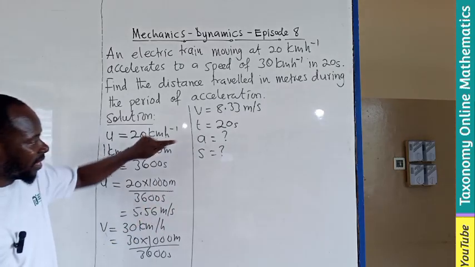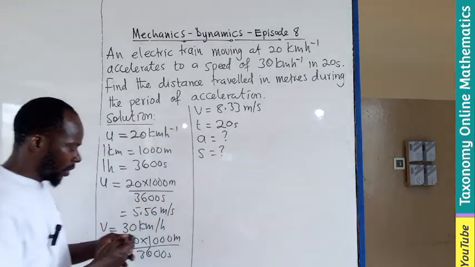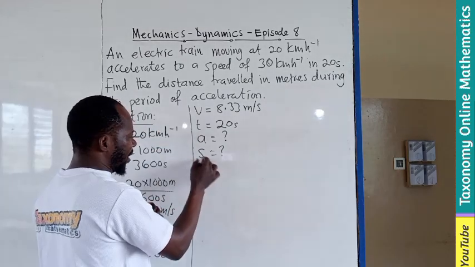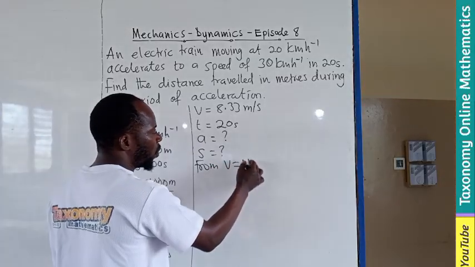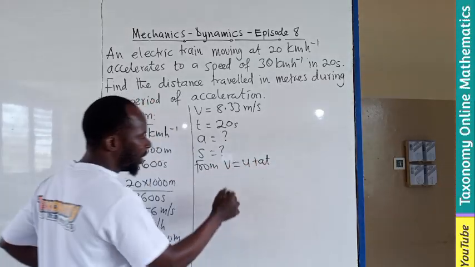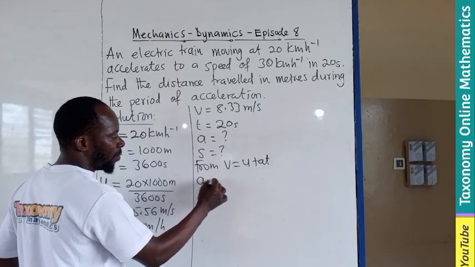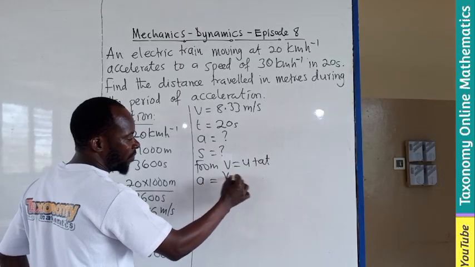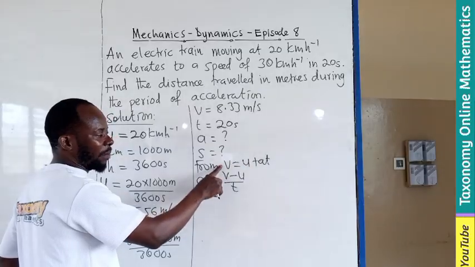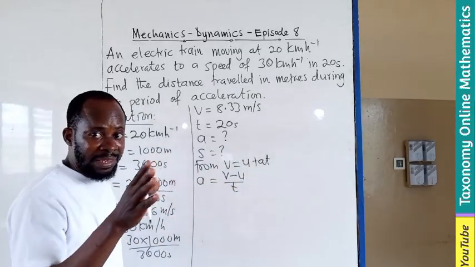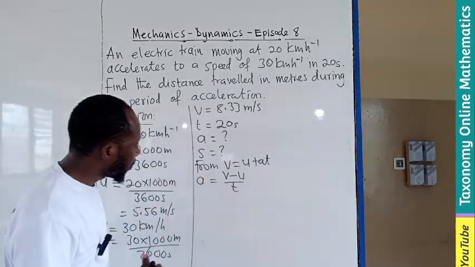So first thing first, I need to find acceleration. I can do that from equation 1, which is V equals U plus AT. Acceleration, by definition, is change in velocity over time taken, that is the raw definition.